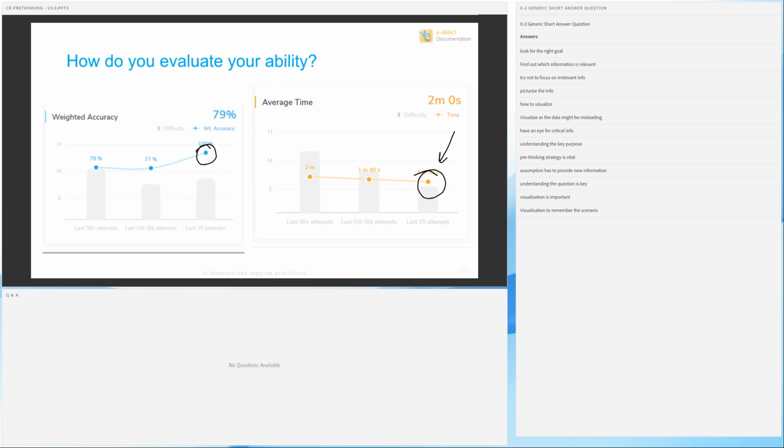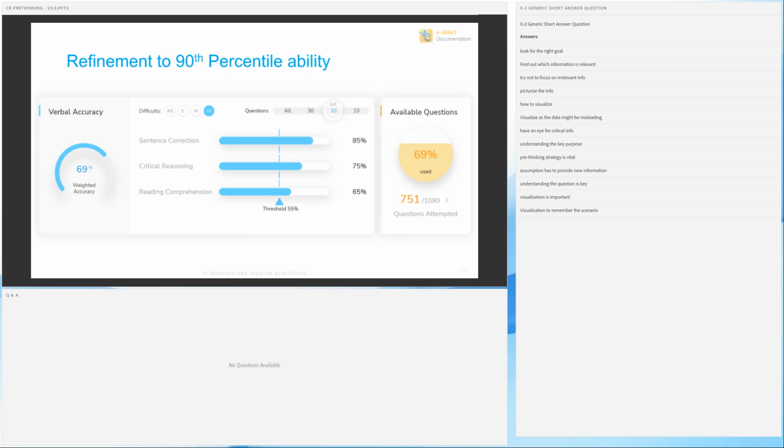And one thing that you will see over here is this is 30 plus attempts. This is the last 15 attempts. Same thing over here. So we actually know that as you apply the process, you get better at it and your timing reduces automatically. And we make sure that we track this and we alert you on this. Okay. This is how you get to that 90th percentile.